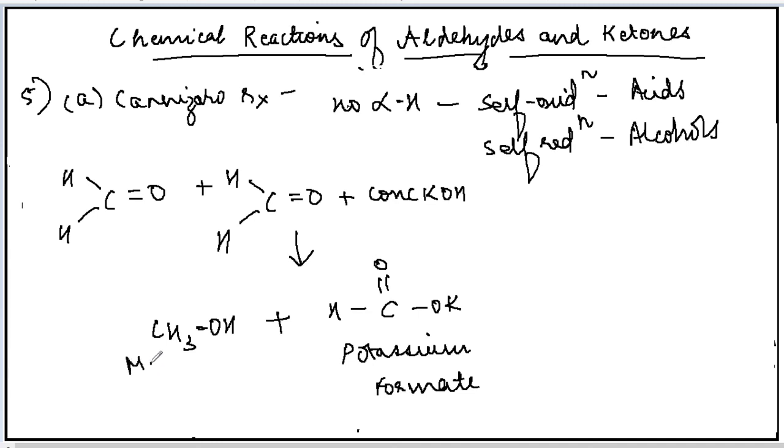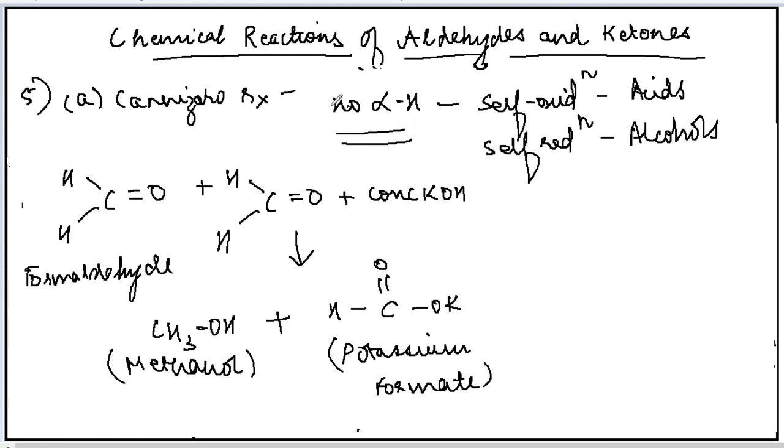So it forms methanol as a result of self reduction and potassium formate as a result of self oxidation. Here I have taken the 2 formaldehyde molecules. So this set of reactions is given by those aldehydes and ketones which have no alpha hydrogen.